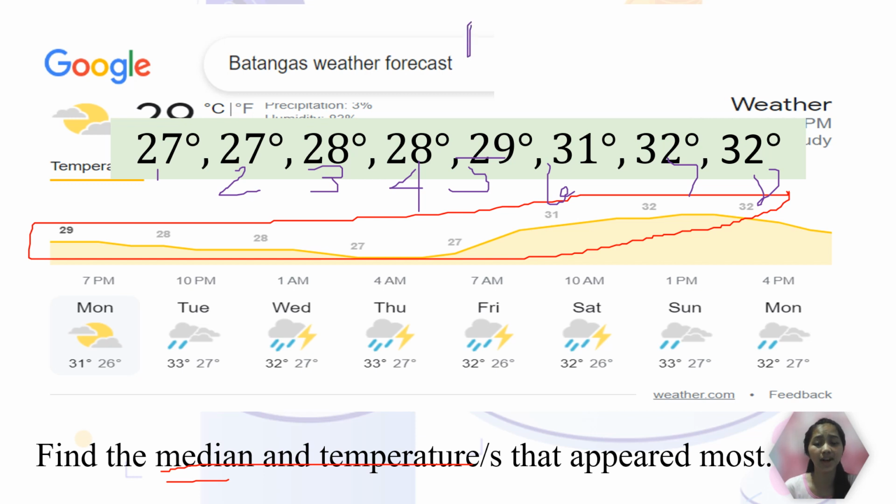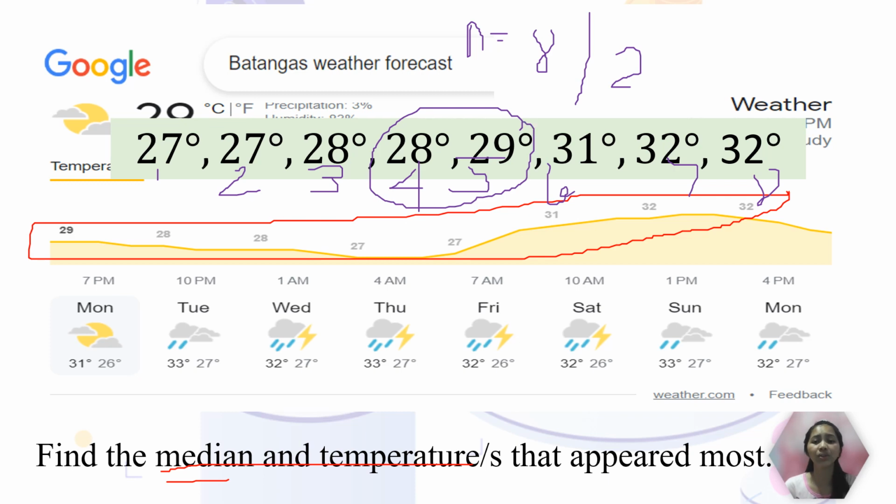And it says that if the given set of data or elements is even, we will find the two middle scores, then divide it by 2. So if we have 8 divided by 2, we will be having 4. Meaning to say, that is the 4th and 5th that we will add and then divide by 2.